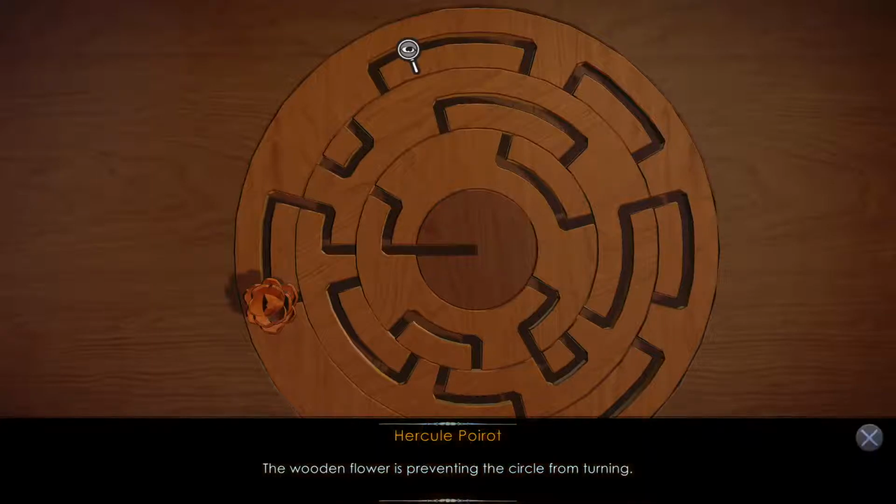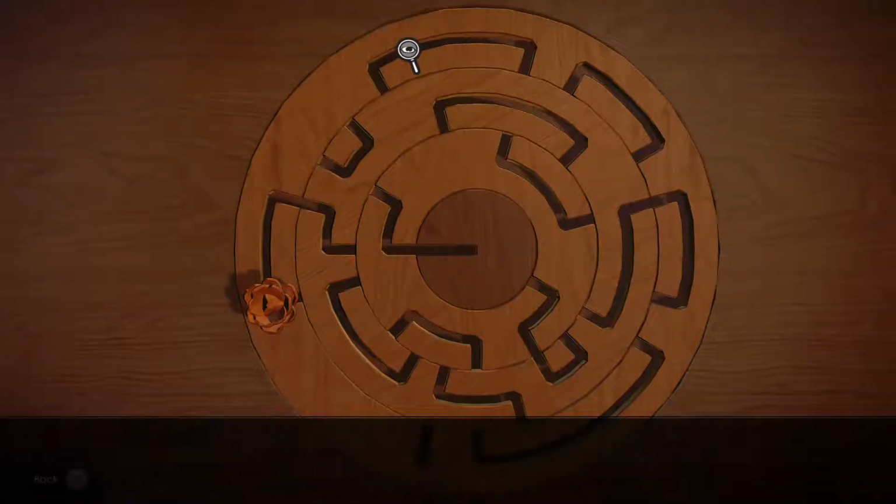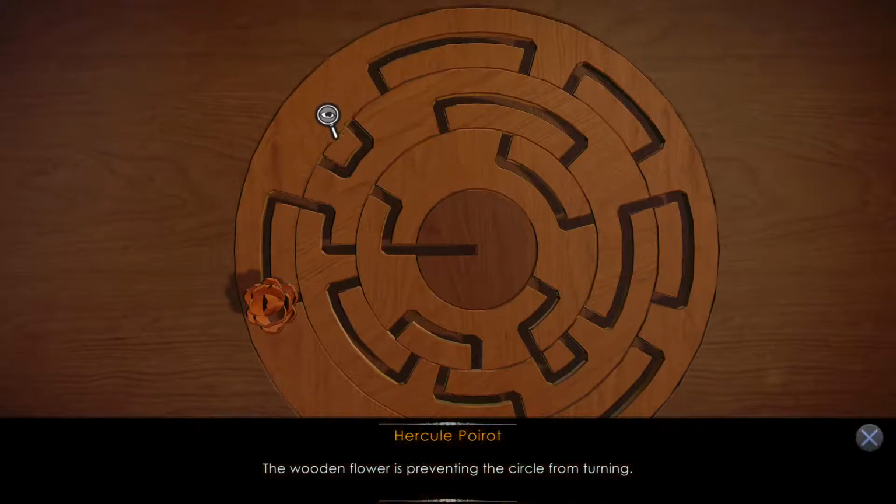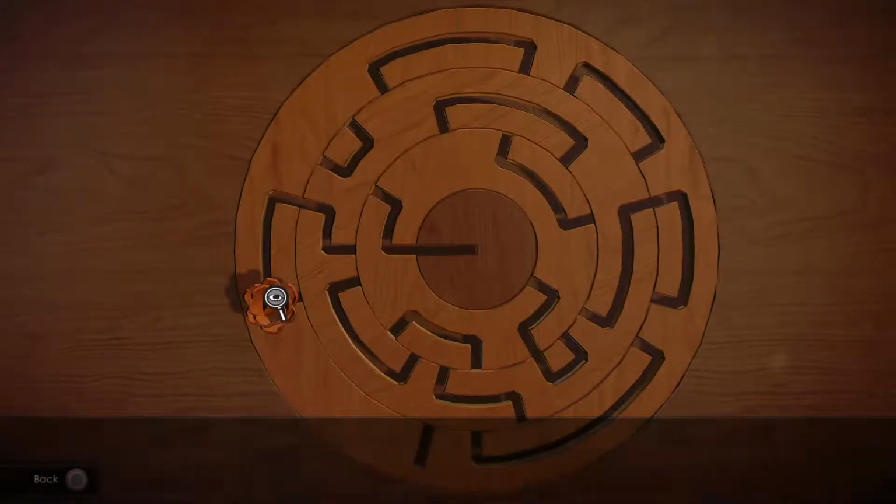The wooden flower is preventing the circle from turning. Yeah, I hear you, dude.